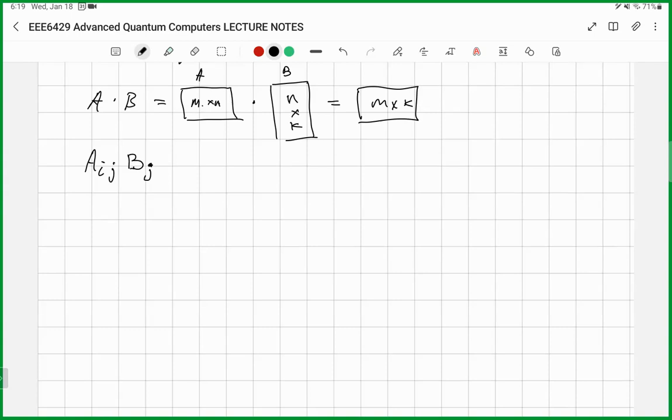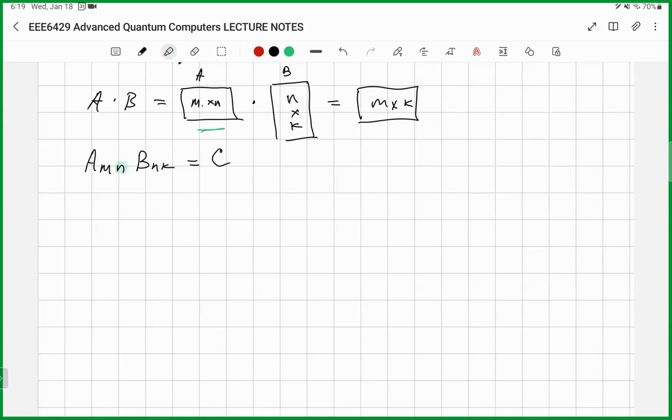Let's actually use the same notation. So matrix A with components A_MN here. I use the same letters times B with indices N, K, and the result will be another matrix C with remaining components.